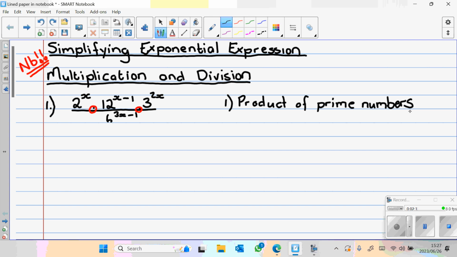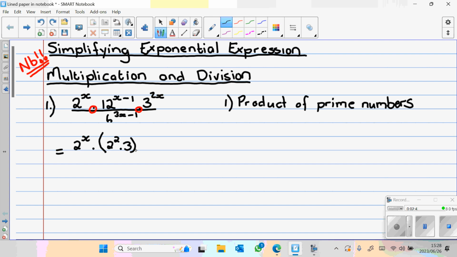Now, I didn't start off with 2 because 2 is already a prime number and 3 is a prime number. I only have to change 12 and 6. So I'm going to start off and I'm going to say 2 to the power x. But 12 is going to become 2 to the power of 2 times, not 4, but 3.